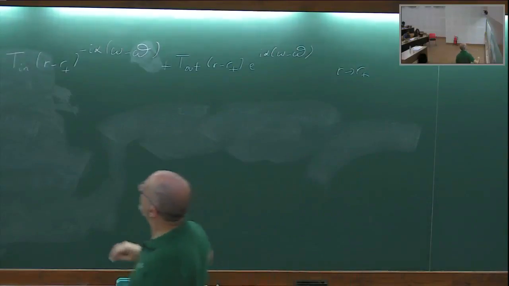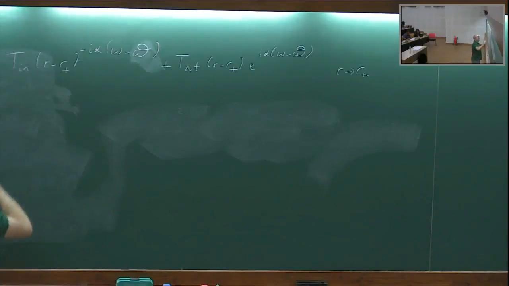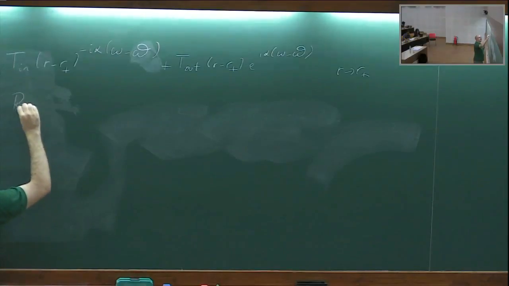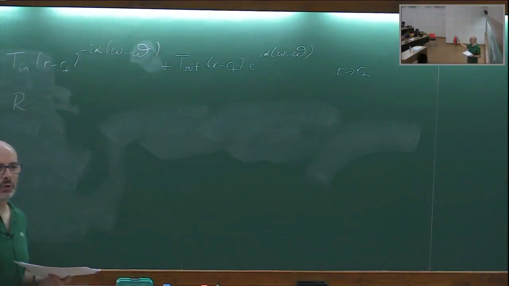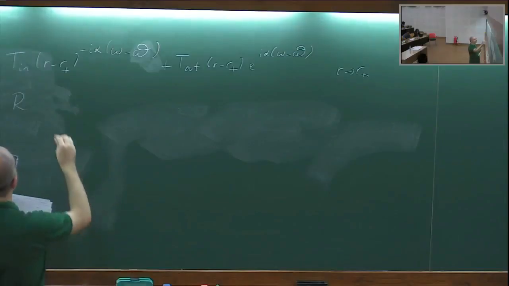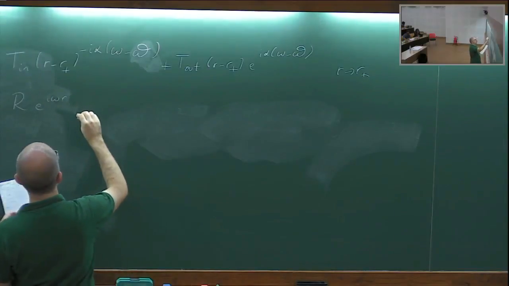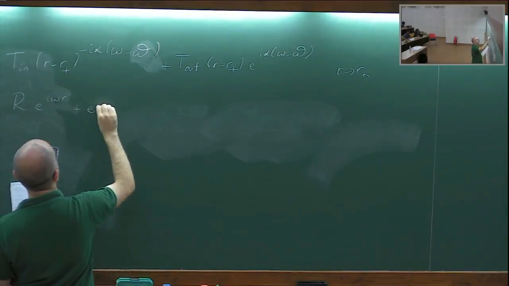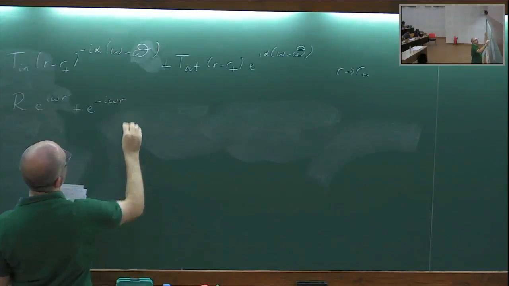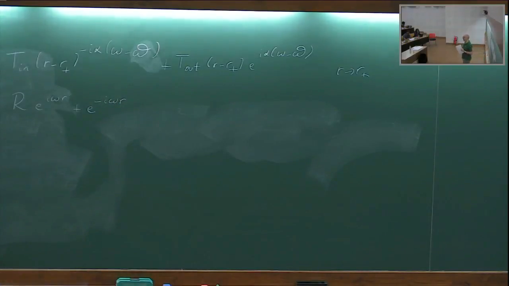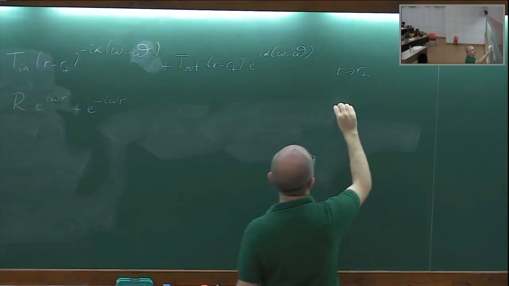So this is going to be the general behavior of the perturbations at the horizon. And if I throw in, like I did yesterday, a wave of unit amplitude onto the black hole, I can use r or r star interchangeably because they're the same at infinity, as r goes to infinity.